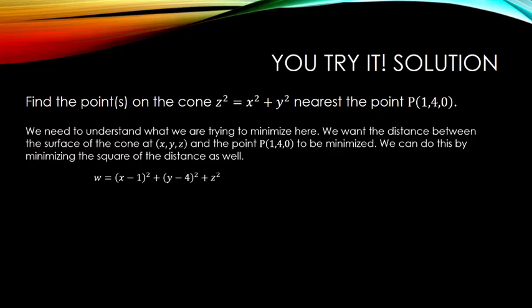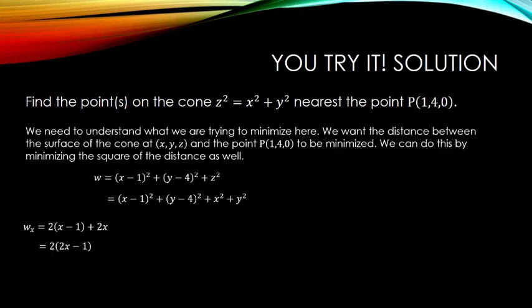But I already know that z squared is x squared plus y squared, so I can rewrite this as the quantity x minus 1 squared plus the quantity y minus 4 squared plus x squared plus y squared. Now I take the partial with respect to x of W. Wx gives me 2 times x minus 1 plus 2x.